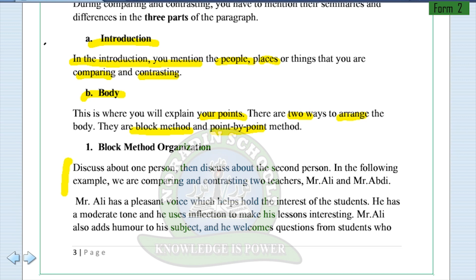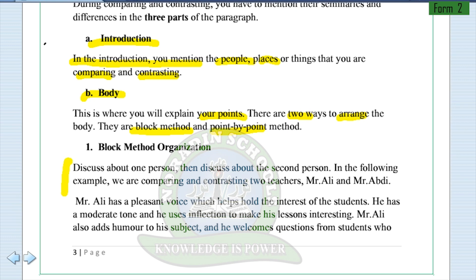What do I mean? Block method and point by point. Block method, for example, when you start in the introduction, then you move into the body paragraphs, or the supporting sentences, you are writing only one thing.